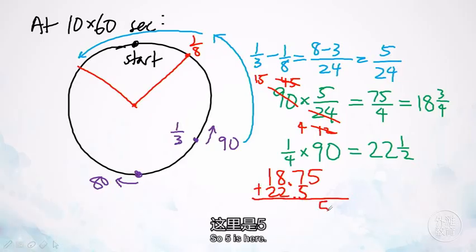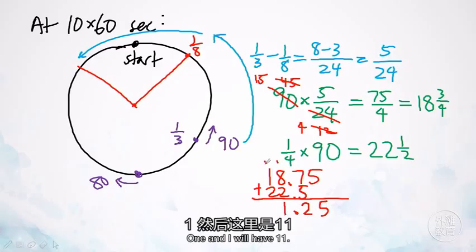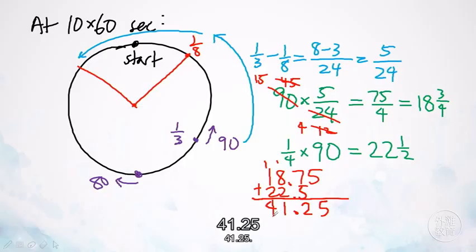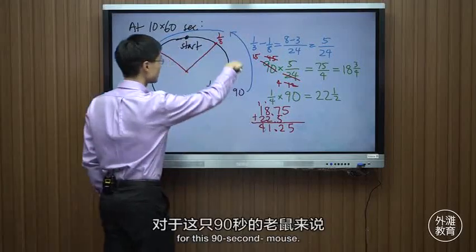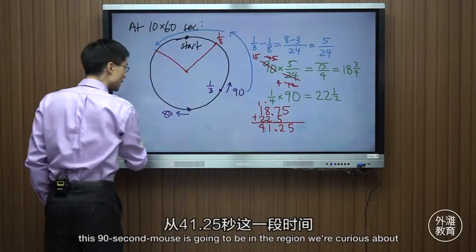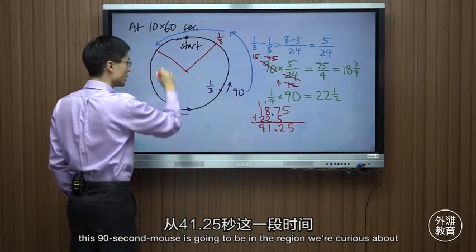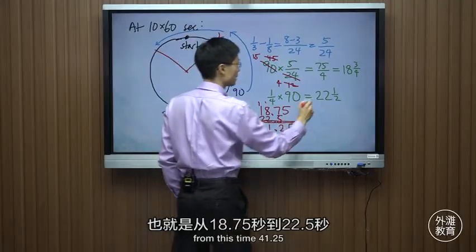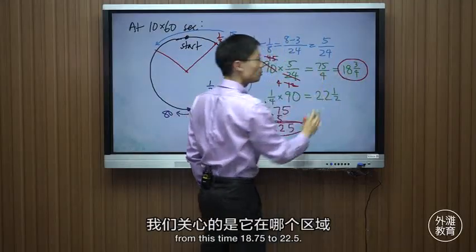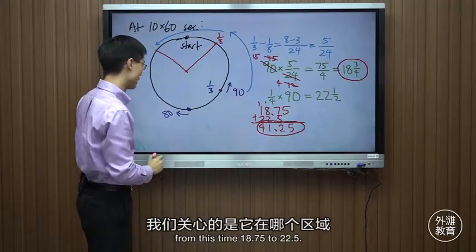So 5, 7, 5 is 12, 1, now I have 11, 41.25. Finally. So what I have found out is that this 90-second mouse is going to be in that region that I care about from time 18.75 to 41.25.